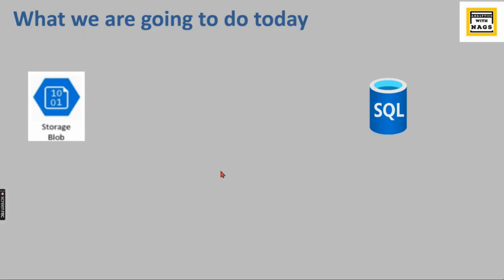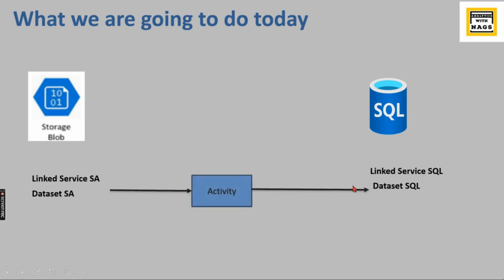So, quick recap of what we did. We already had files in the storage account, and we created a SQL Server because we don't have one, and the database. Then in the data factory, we created linked services and a dataset for the storage account, and linked services and a dataset for the SQL table.